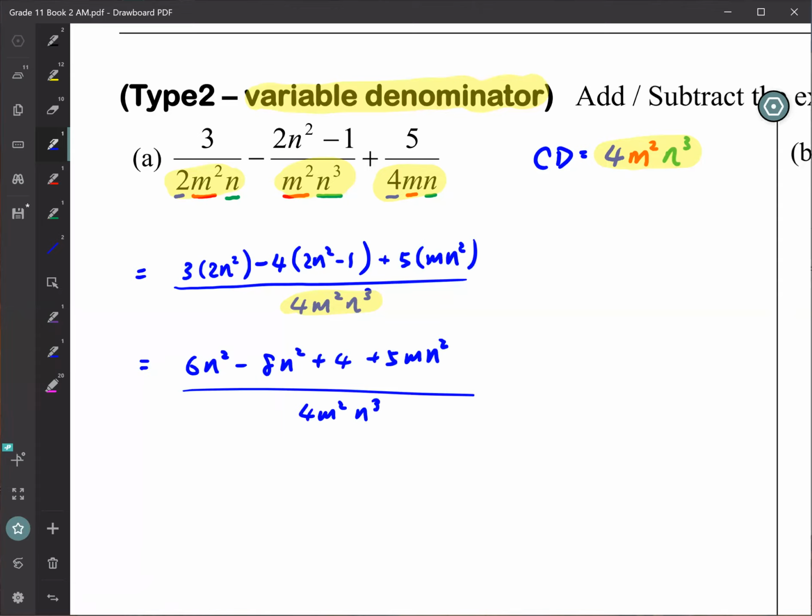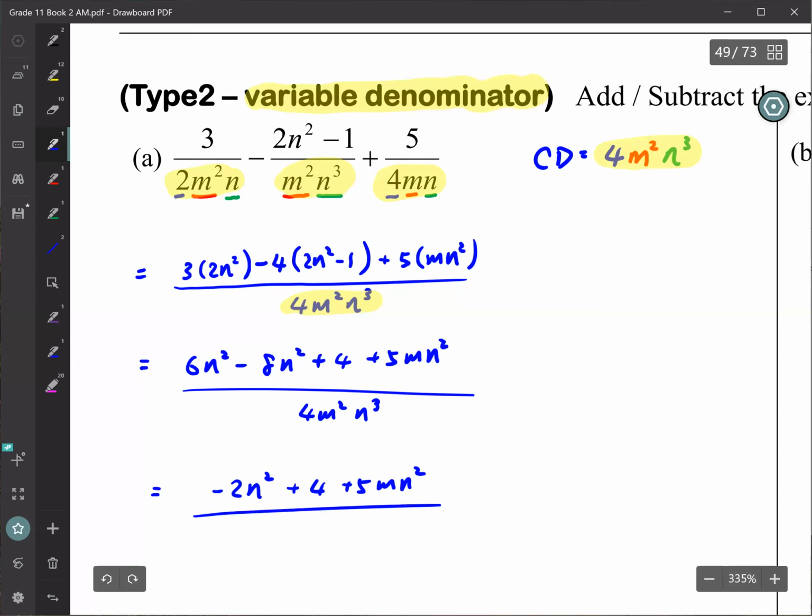Then we want to see if there's anything we can combine together. I think the first two, 6n squared and 8n squared, are like terms. So negative 2n squared, 6 minus 8, and then over 4m squared n cubed.